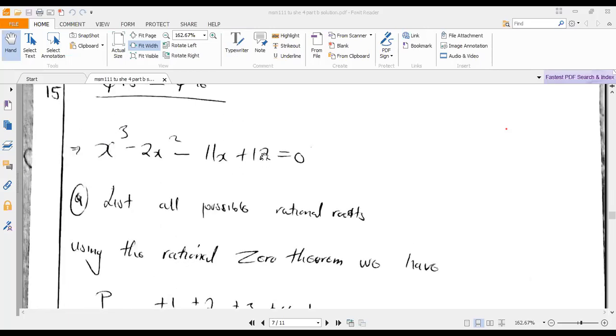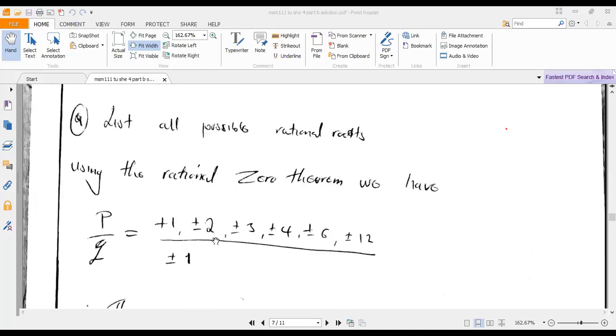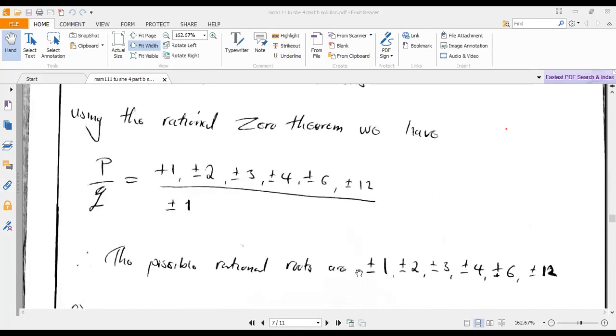Then the factors of 12, our constant term in this polynomial, are simple. 1 is a factor of 12, 2 is a factor of 12, 3 is a factor of 12, 4, 6, and 12. These are all factors of 12, isn't it? Then you just divide these two, then you get your rational roots. That's what the rational zero theorem states. If you still have challenges, you can still get back to me.